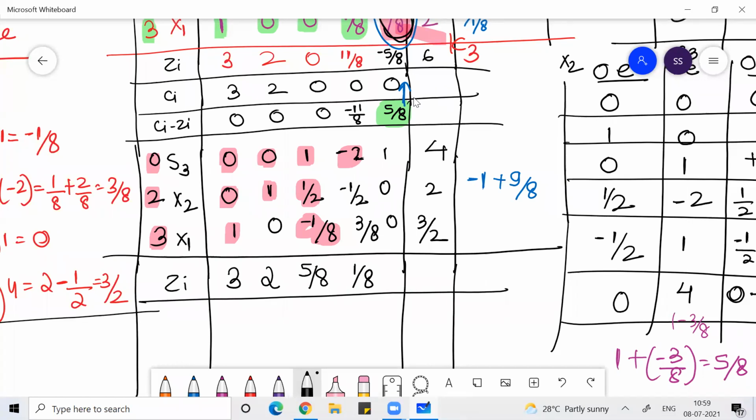And then this is 0. This would be 9 by 2 plus 4, which would be 17 by 2. Done, everyone?